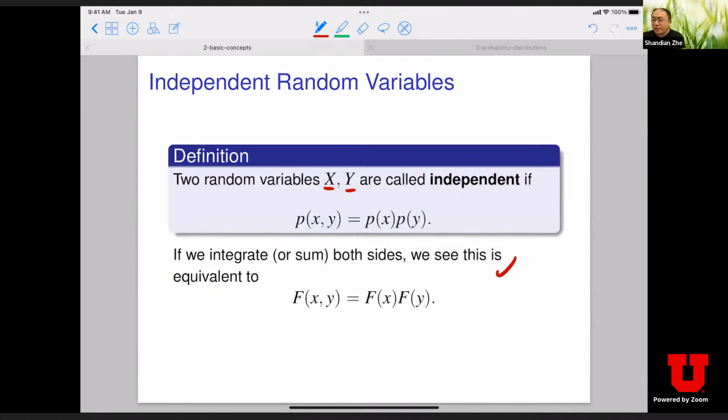The cumulative distribution function of X and Y equals the marginal cumulative distribution function for X times the marginal cumulative distribution function for Y. They're actually the same, because if you integrate both sides, you immediately get this. Does it make sense?